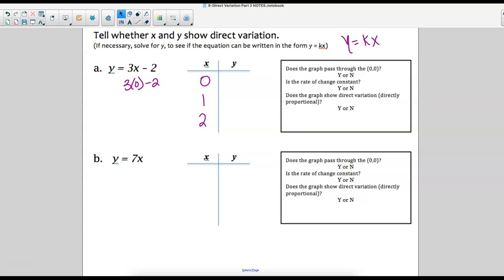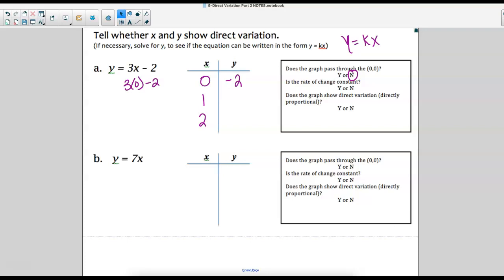All I did was take 0 and put it in for x because I said x is 0. What's 3 times 0? 0. And then 0 minus 2 is negative 2. So y would be negative 2. Does it pass through 0, 0? No, it goes through 0, negative 2. So that answer is no.